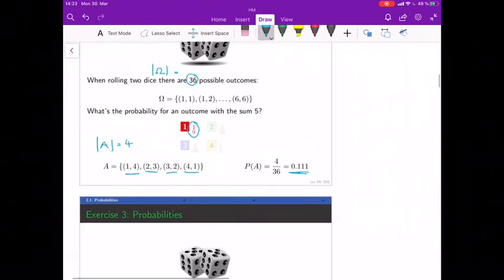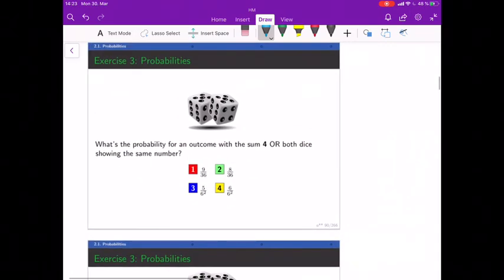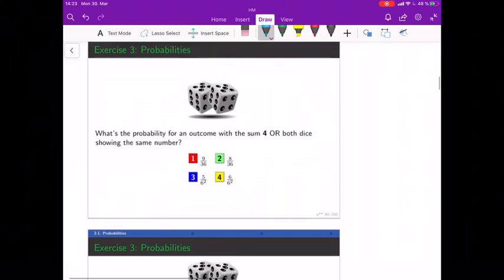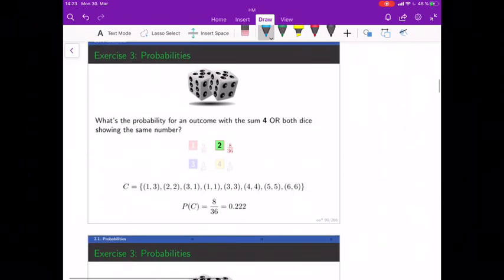One last one. What's the probability for an outcome with a sum of 4, or both dice showing the same number? You probably have to pause a bit longer and think about it. Yes, exactly, 8 over 36. We could just write them all down again.